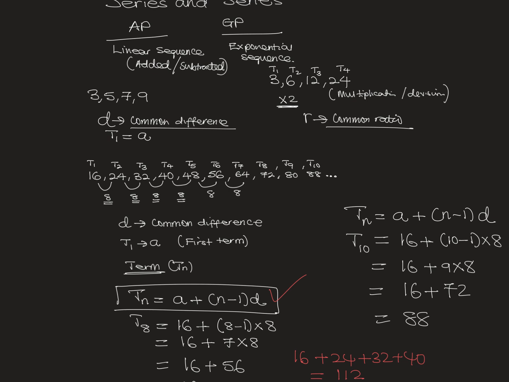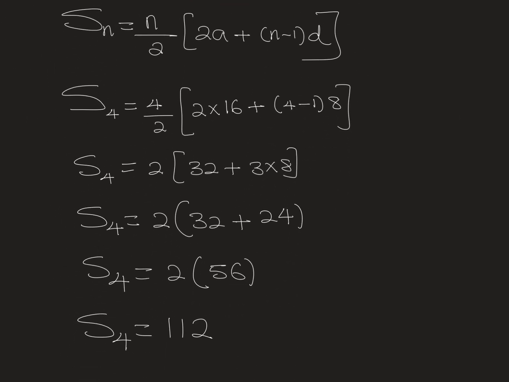That is equal to 520, okay? So if I add up all these from the first term to the 10th term, which are the first 10 terms of this sequence, I will have 520.